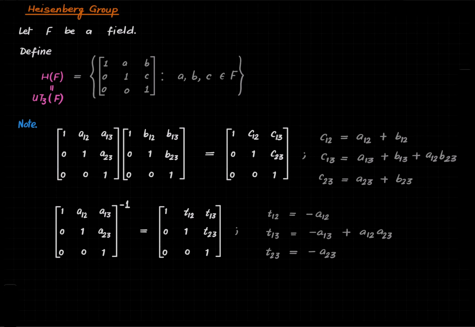So you can just pause and see them. Best is to actually carry out this multiplication by yourself. Here we also see that using this formula, you can give R3 a very nice or very strange group structure. Whatever are the entries of R3, you can put them here.